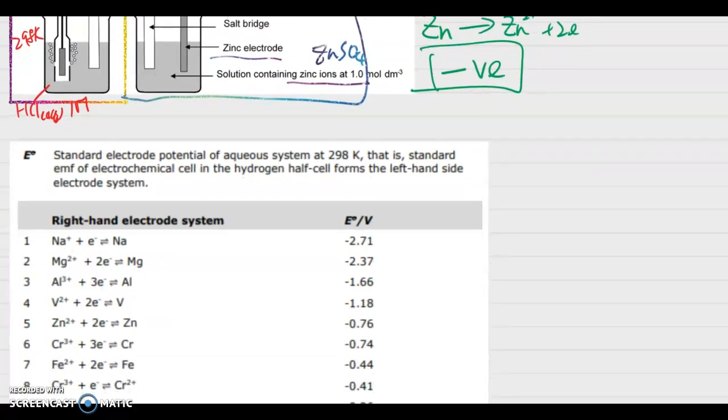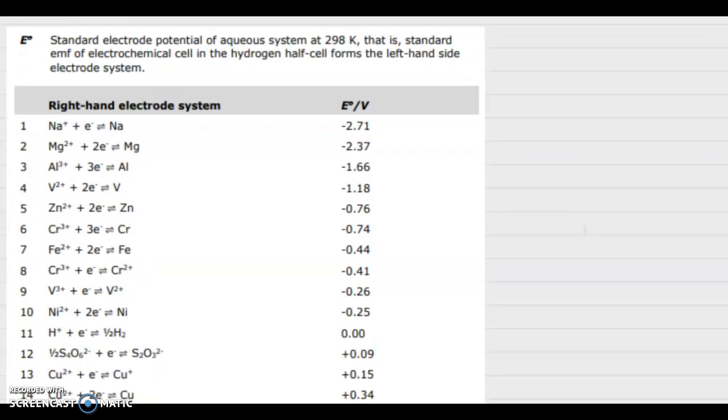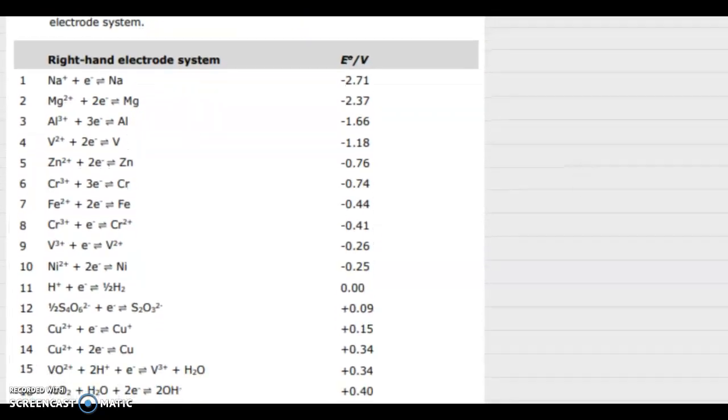By doing similar comparisons with the hydrogen standard electrode, we can obtain a series of potentials. Sometimes we call it a reduction potential because, as you can notice from the table here, they are all talking about a reduction. Zinc turns into a negative value.